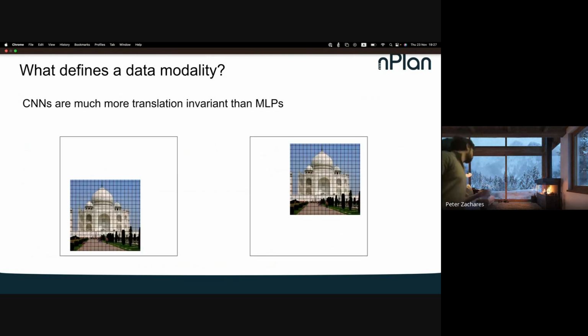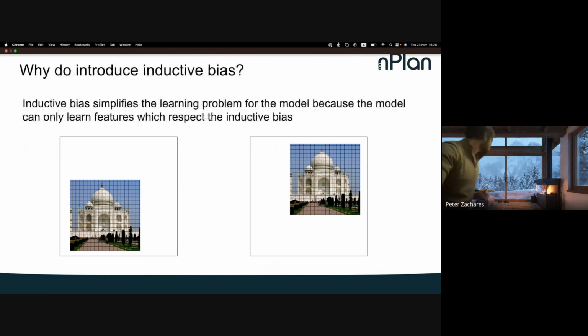For example, convolutional neural networks, which are part of state-of-the-art for computer vision, are much more translation invariant than MLPs. I don't think they're completely translation invariant, but they're near there. That means you can move an object around an image and it can still be identified by the model. So that's a form of invariance in the model. The reason introducing these inductive biases is so useful is that they simplify the learning problem.